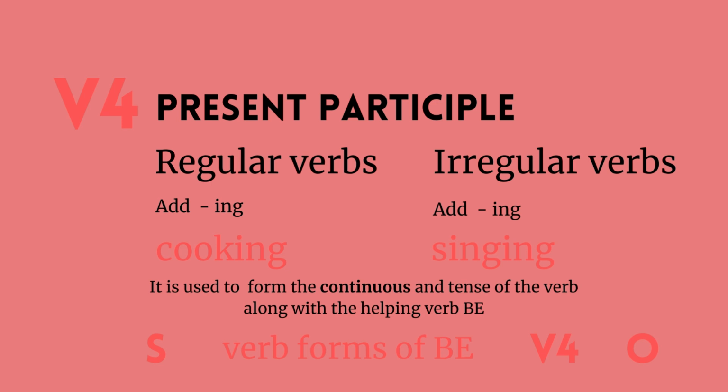So the sentence structure is subject plus the verb form of be plus V4 plus object. Let's look at a few sentences. She was cooking dinner. She is singing a song. She will be cooking dinner.